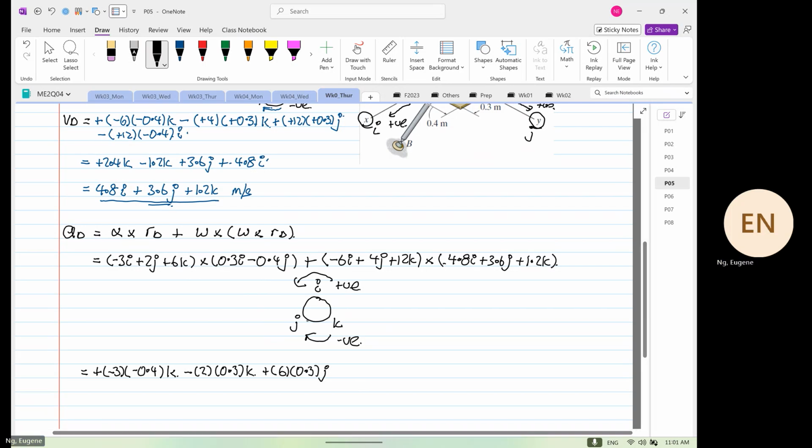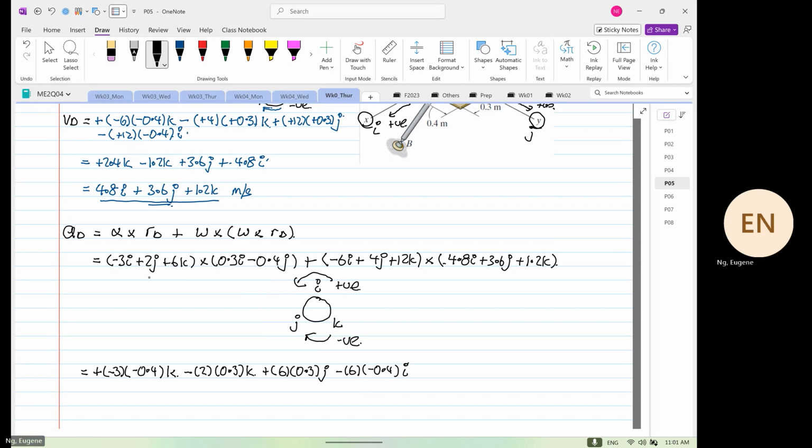Cross J negative. Okay, check. I cross J is positive, 3. J cross R, J cross R negative. K cross I.